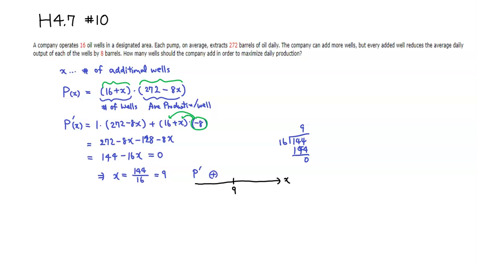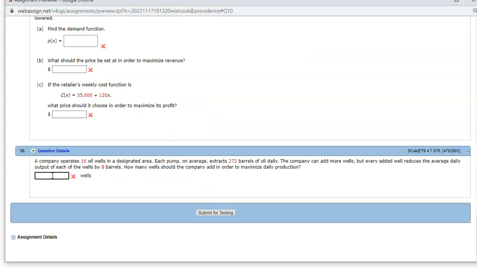And if you have like 10, it's 144 minus 160, which is negative. So we know that the production is increasing here, and after 9 it is decreasing. That indicates there's going to be a maximum there. So we need to have 9 additional wells to maximize the daily production.